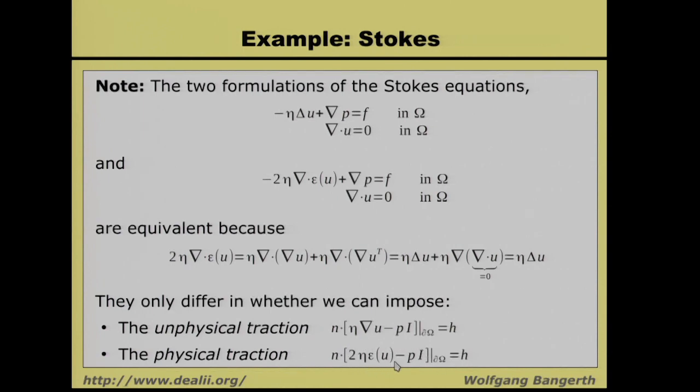And it turns out that that is exactly the physical term. So if you do not care about Neumann-type boundary conditions, if all you want to do is prescribe the velocity, you can choose one or the other form. But if you do want to impose traction boundary conditions, then you have no choice. If you want to have the physical traction boundary conditions, you need to choose the form that has epsilon of u.